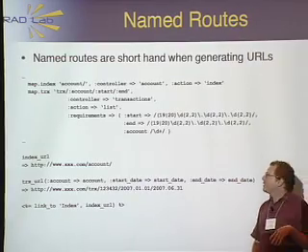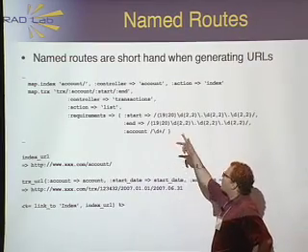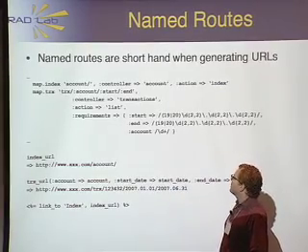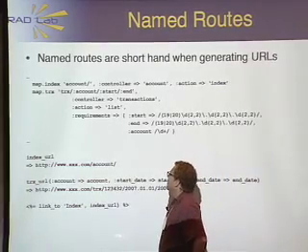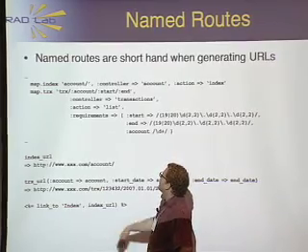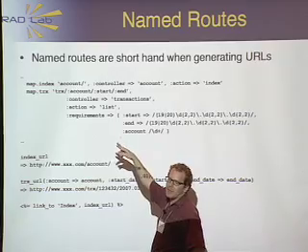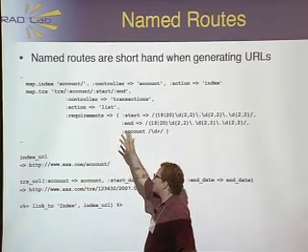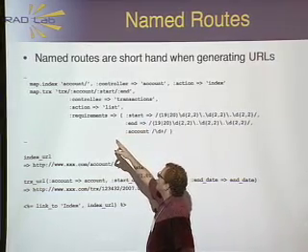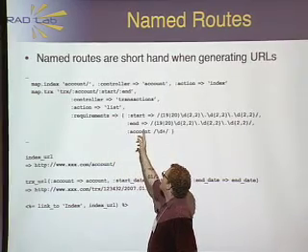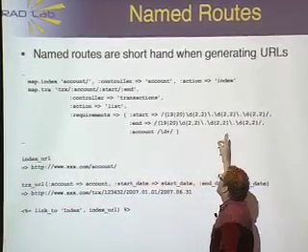Now, before I showed you something, and basically, if I wanted to, let's say, use a shortened syntax and not have to do URL_for and specify a whole bunch of stuff, I could do what's called a named route. If I just do map dot, instead of connect, I use index or TRX or any other word, I can say I want to map the index to the account controller, action index.